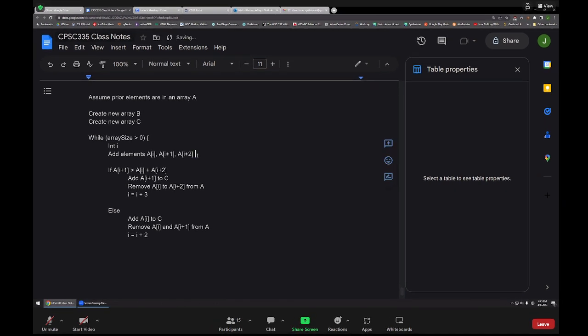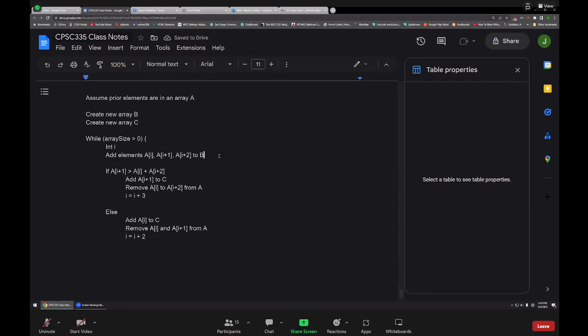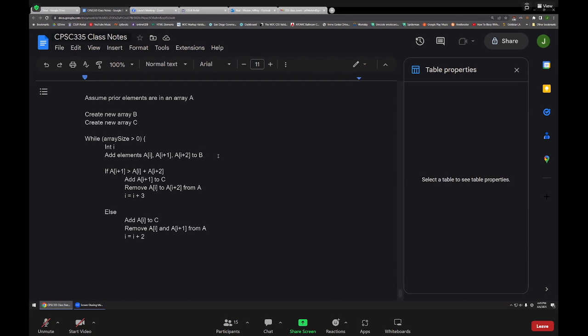To a new array? Oh, to B. So B is like your working array as you're going through this. At the end of the loop, you have to remove all the elements from B. So B resets every time. It's like a working array. Does this make kind of sense?